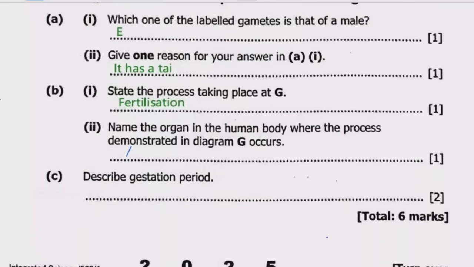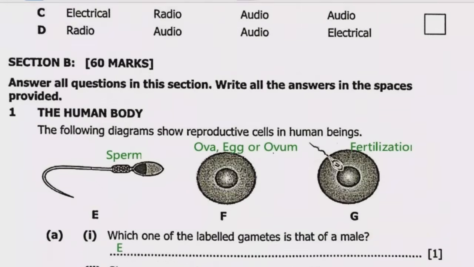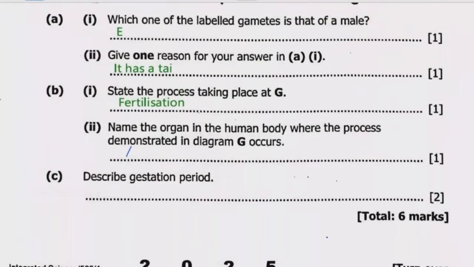Now we come to question B2. The question is, name the organ in the human body where the process demonstrated in diagram G occurs. So we have identified the process as fertilization.